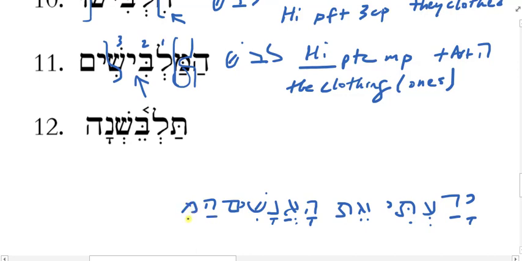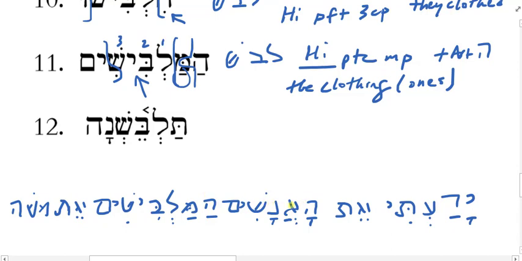Ha malbishim. Oh, how would I translate that? I know the men who are clothing et Moshe. Okay? So I know the men who are clothing Moses.